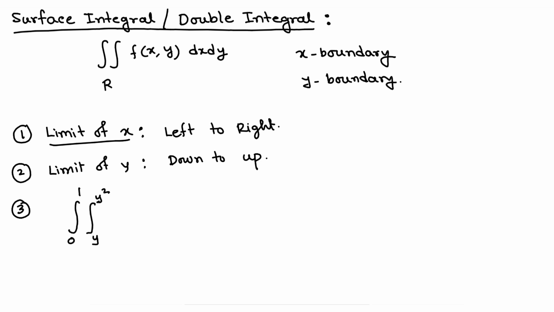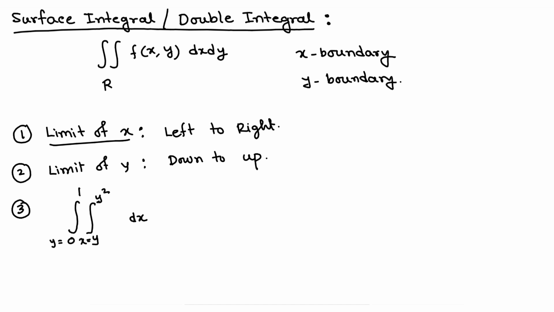Remember, if in any integration the limit is a variable of y, that means that is the limit of x. Clear? In the first integration the variable is y, so obviously the first integration will be with respect to x, and the remaining integration will be with respect to y.